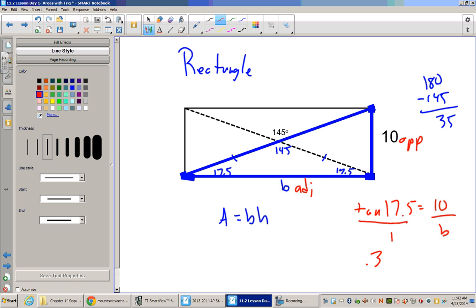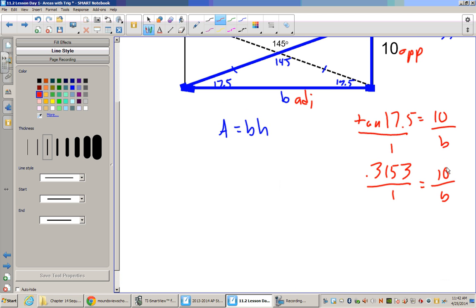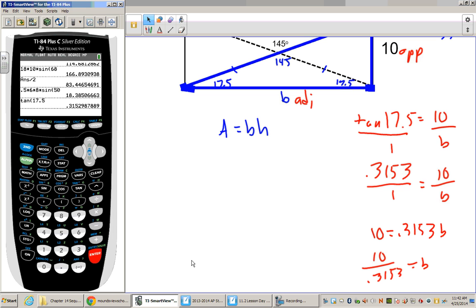0.3153, and now I cross multiply. 10 times 1 is 10. This is 0.3153b. So 10 over 0.3153 equals b. .7 is our b.